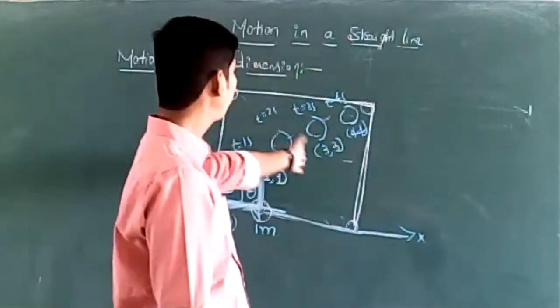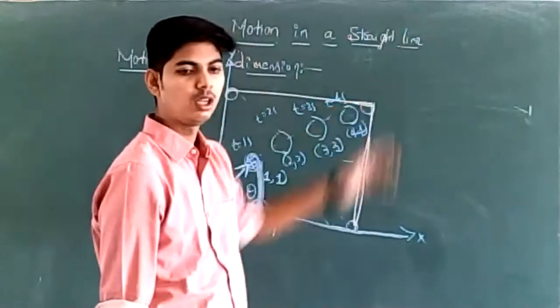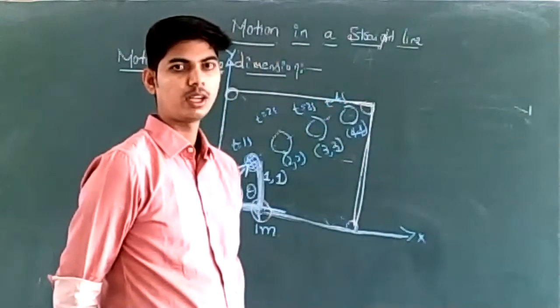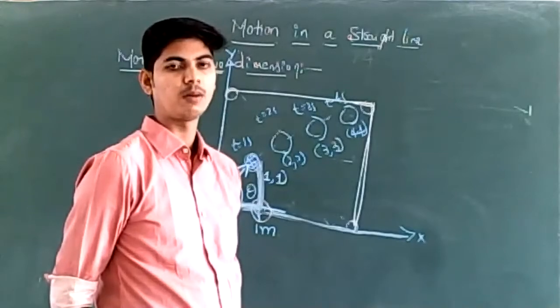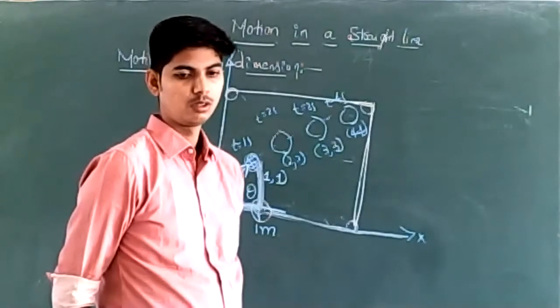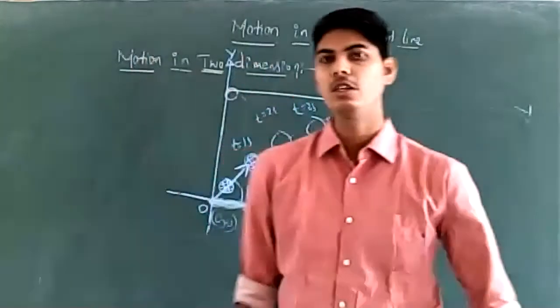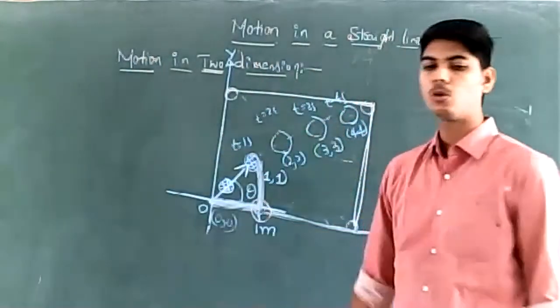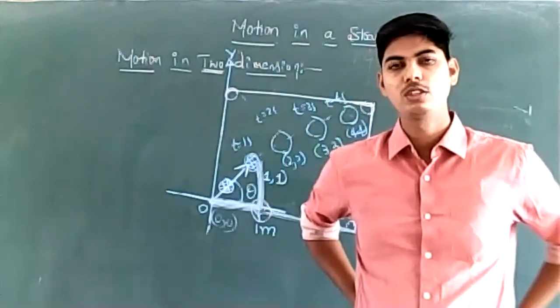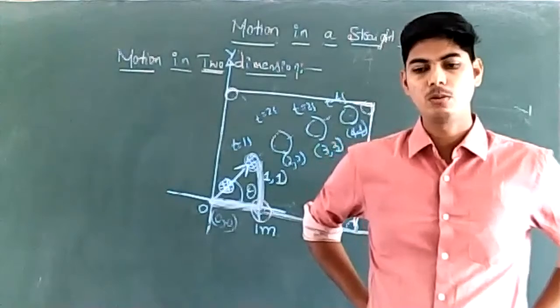So what kind of motion is possessed by this carom coin? The carom coin is now possessing two-dimensional motion.